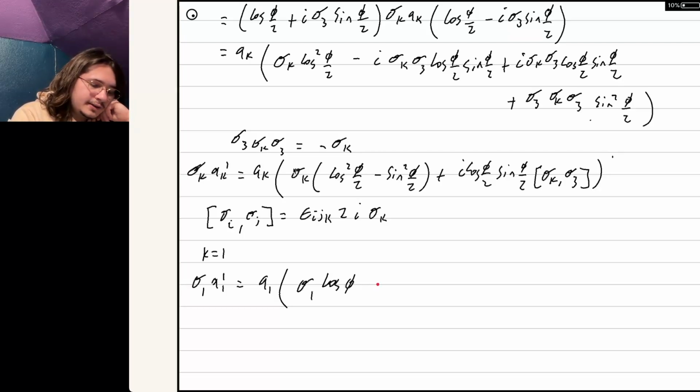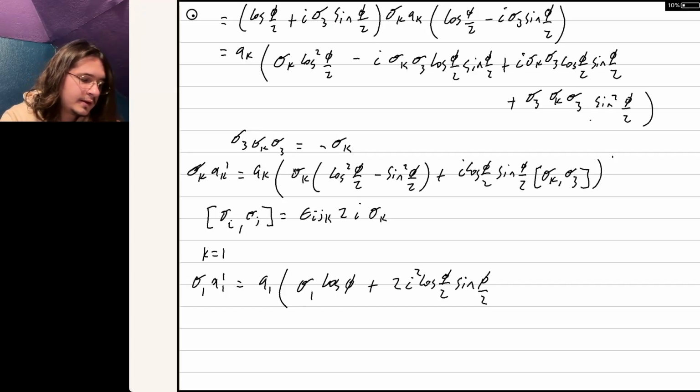And then that is just 2i cosine phi over 2 sine phi over 2, actually throwing an i squared onto it, times sigma 3, because it's 1, 3, 2. No, it's 2, sigma 2.